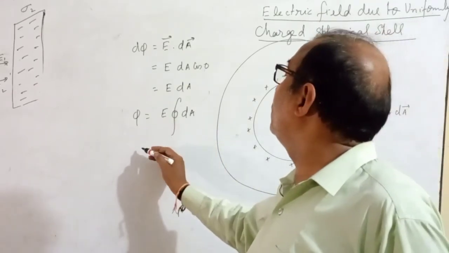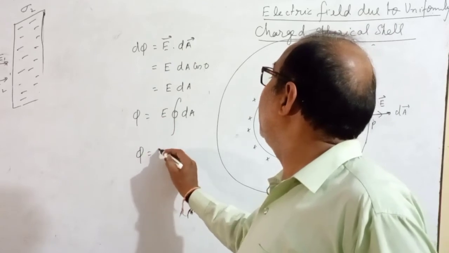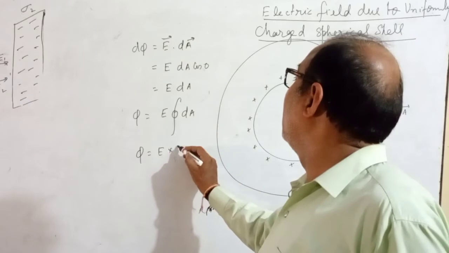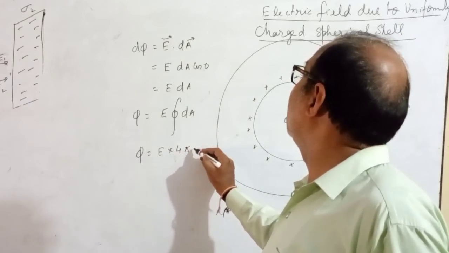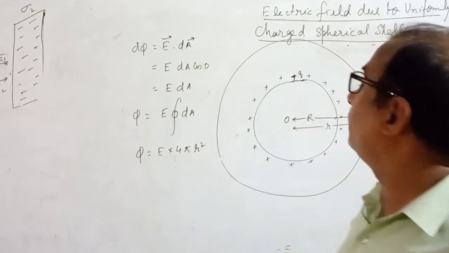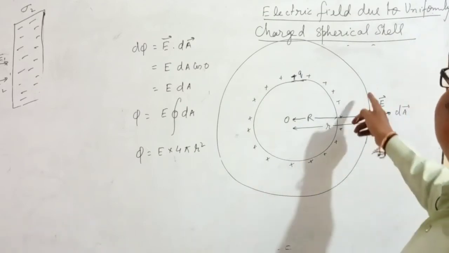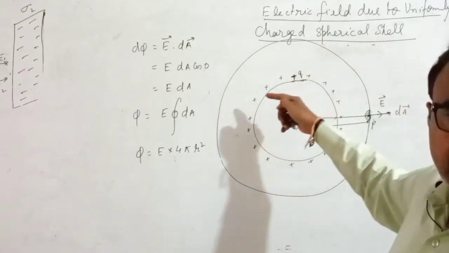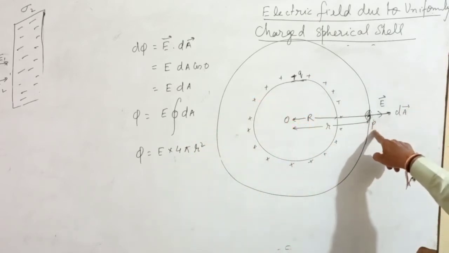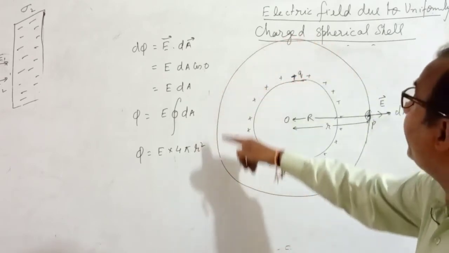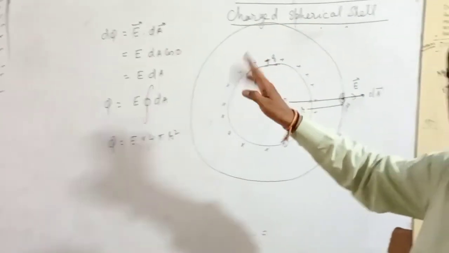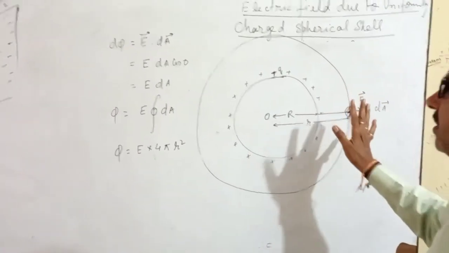So phi equals E times the area of the sphere, 4 pi r square, because we are taking this sphere as the Gaussian surface. Not the area of the inner sphere, because we have to find the intensity of electric field at point P. So we take the big sphere as the Gaussian surface.